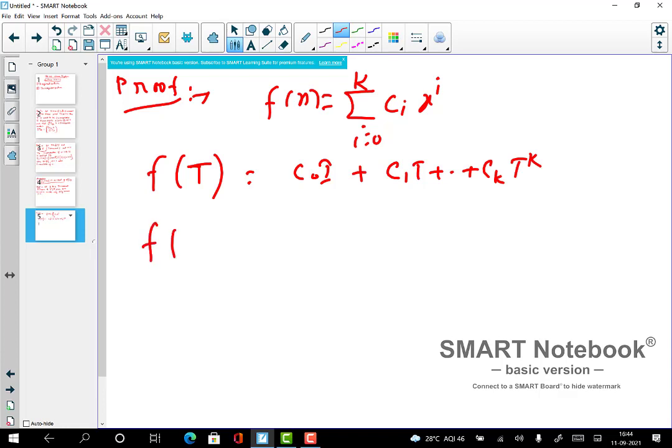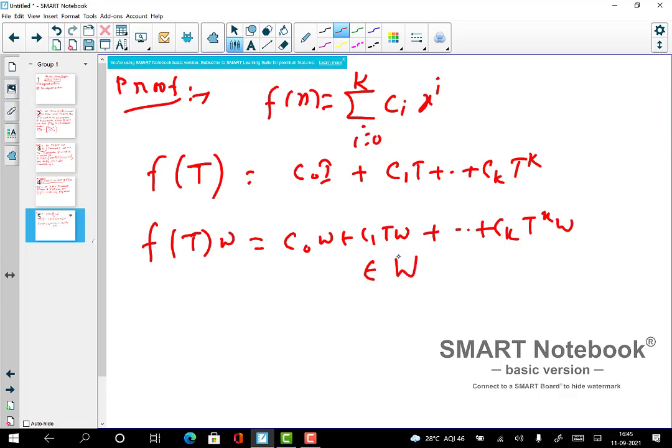Now when we evaluate on some vector of W, this will be c0 w plus c1 T w and so on, ck T^k w. But note that this is an element of W again, because W is T invariant, so Tw is an element of W, and hence so is T^k w. And if you add all those elements, it will be again an element of W, because W is a subspace. So this shows that W is f(T) invariant.